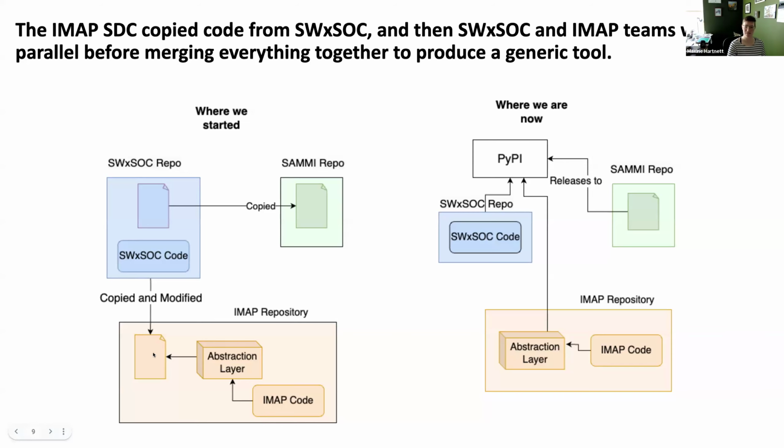It has a lot more features and is more well designed. But since I had this abstraction layer, updating Sammy in the back end was not complicated and did not add any complexity from the IMAP side. I think that was a key piece: we could develop without having to worry about breaking the instruments that were already using it, but we could still get the benefit of having people actually using it, testing the API, running into issues and getting confused, so we could work it out and make it easier to use.